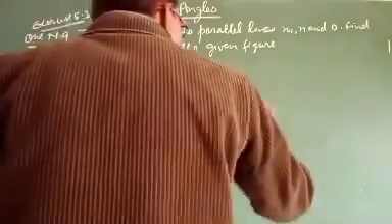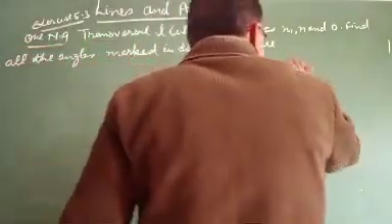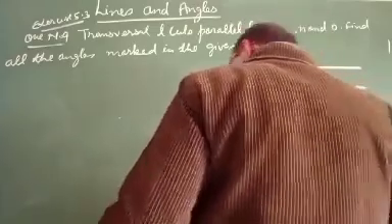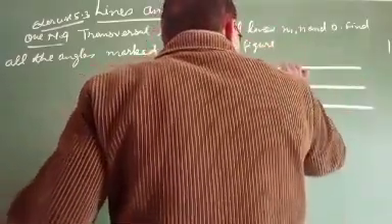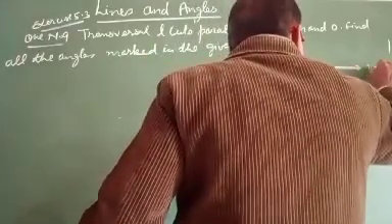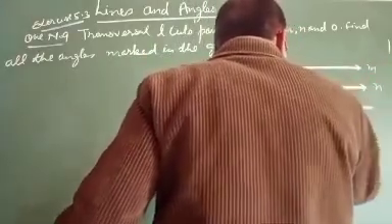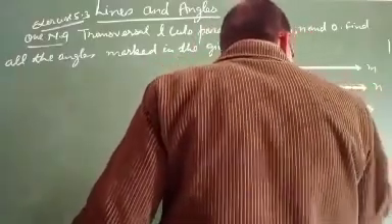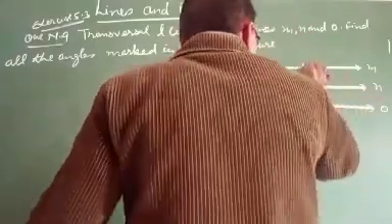The figure is: this is line M, and this is line O, and this is the transversal line.